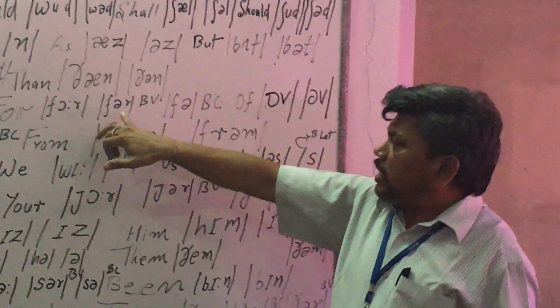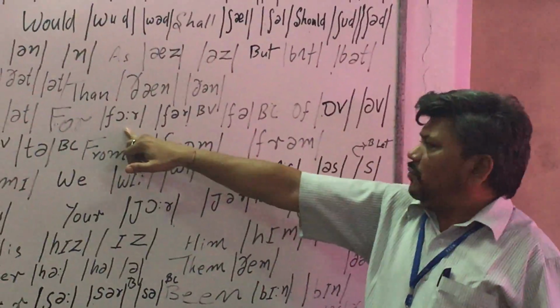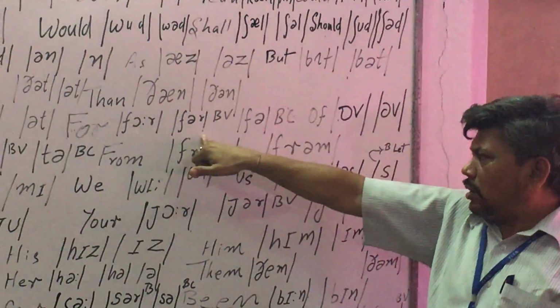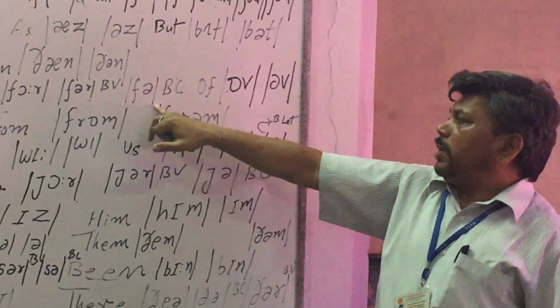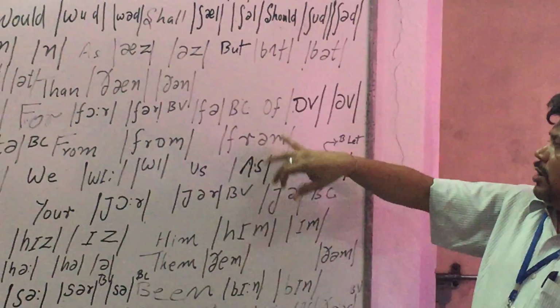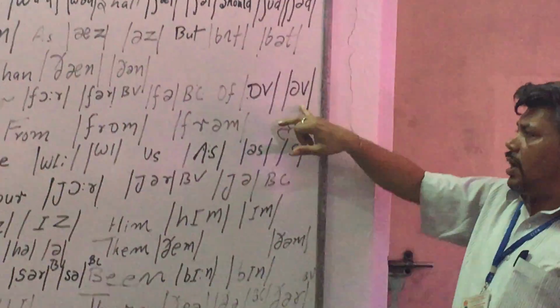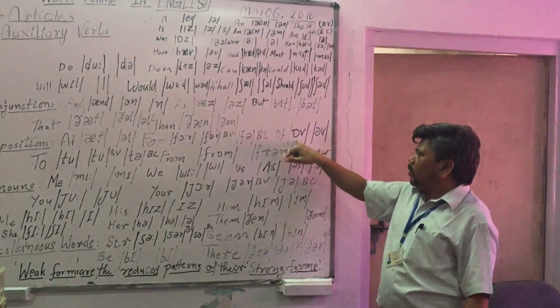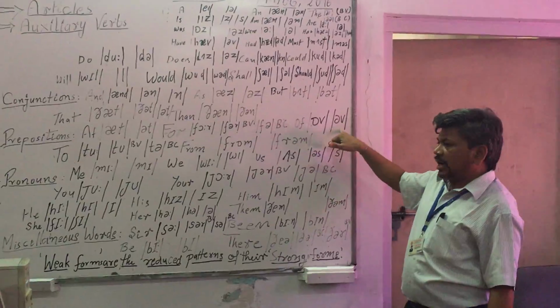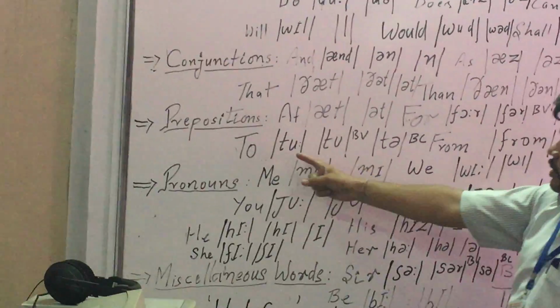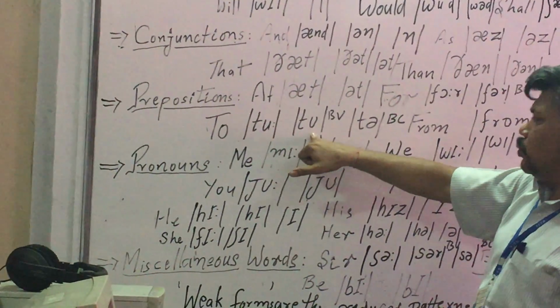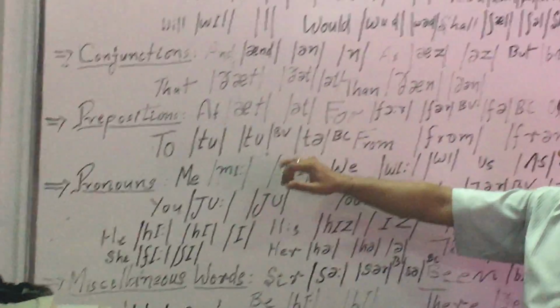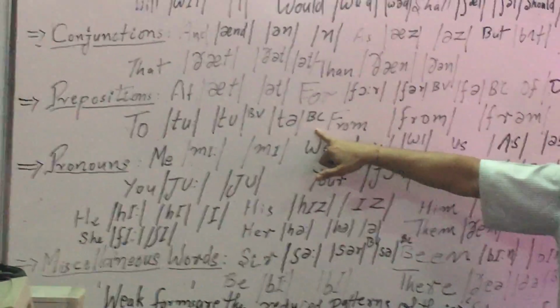If for is used before vowel, it becomes 'fr', and 'fe' before consonant. Of becomes 'ev'. Before weakening it is of, and after weakening 'ev'. To becomes, this long 'too' becomes 'tu' before vowel, and it becomes 'ta' before consonant.